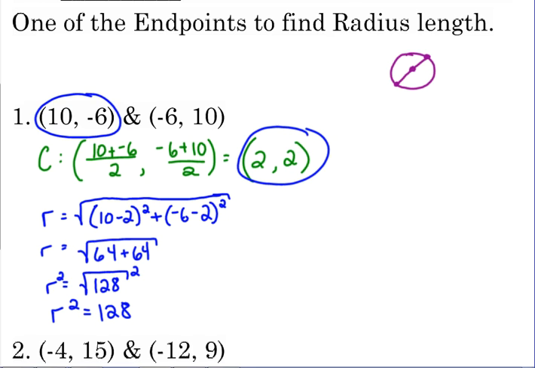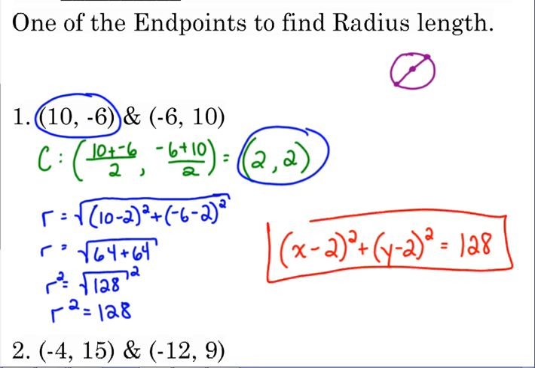If r is equal to the square root, then r squared is just equal to what's under the square root. So now we have everything we need to write our equation. (x minus 2) squared, plus (y minus 2) squared is equal to r squared, which for this circle is 128.